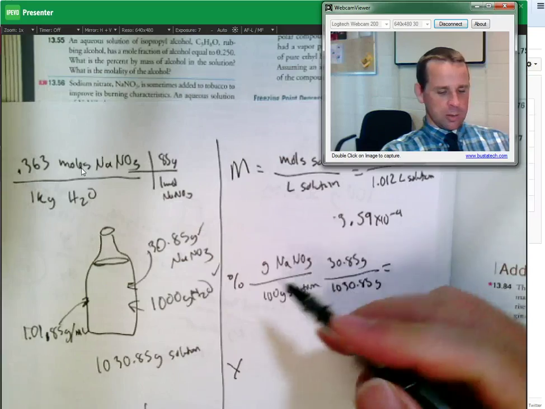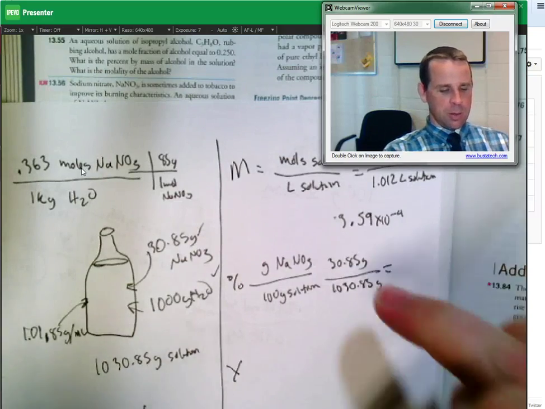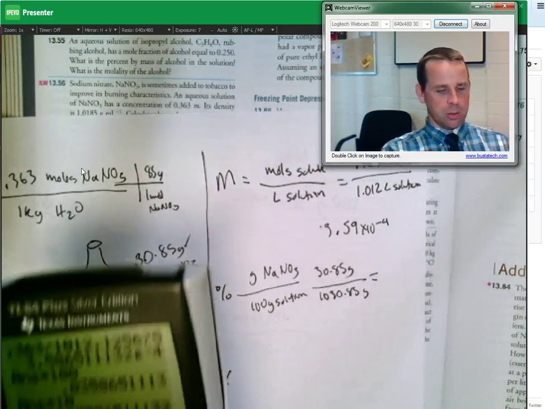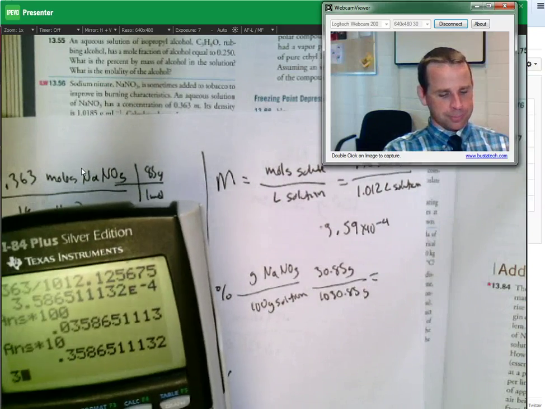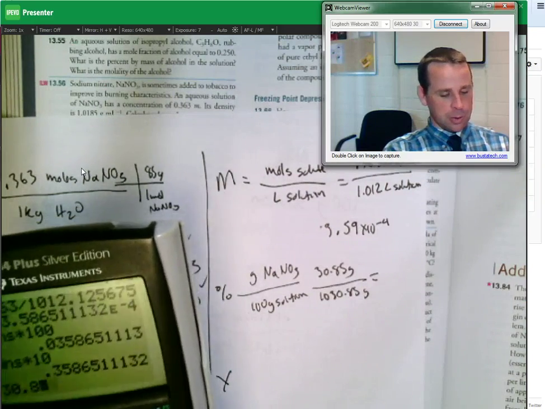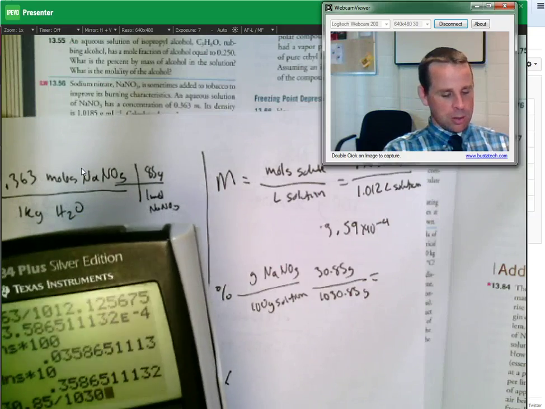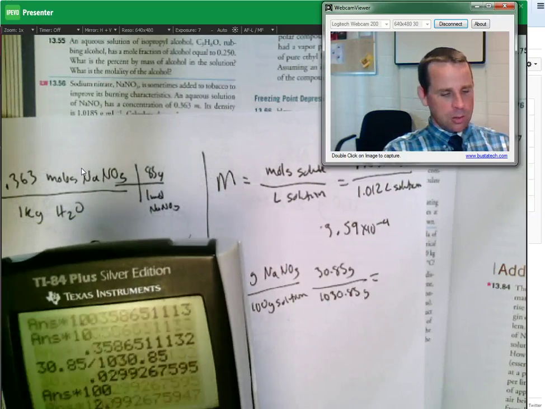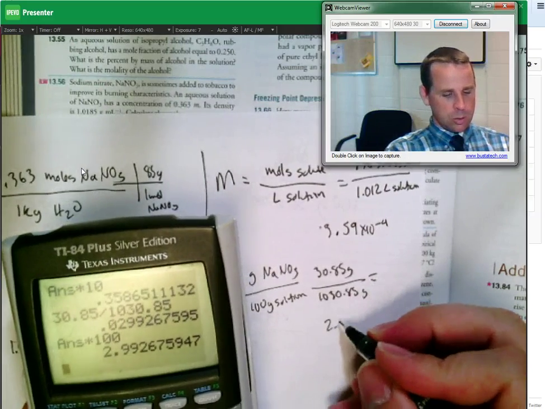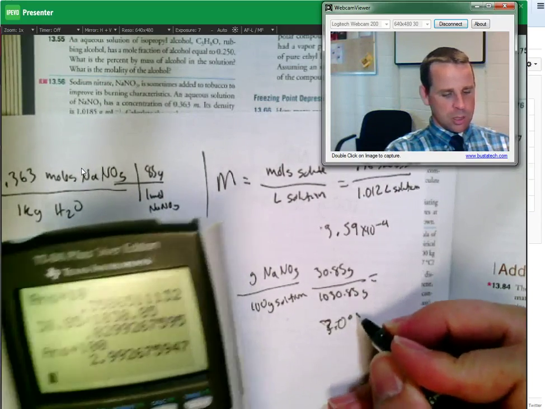Now that won't tell me the percent, that'll just tell me the grams of solute per gram of solution. But then I multiply that by 100. So 30.85 divided by 1,030.85 times 100 should be about 3.0%.